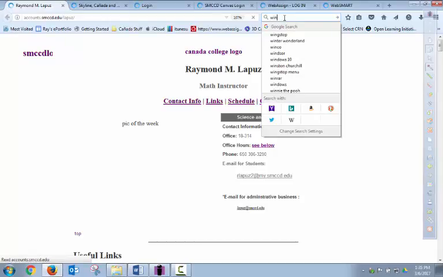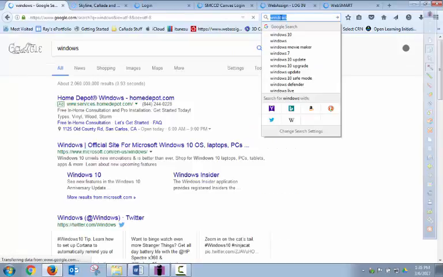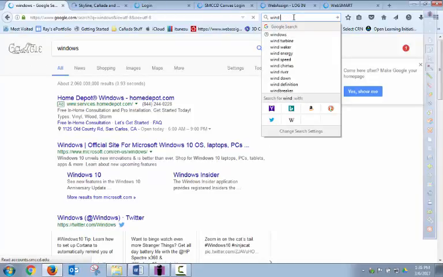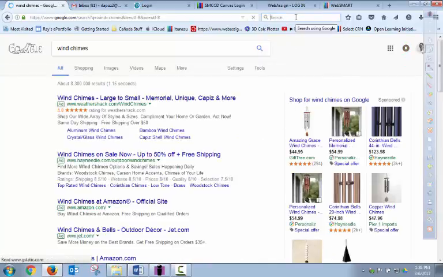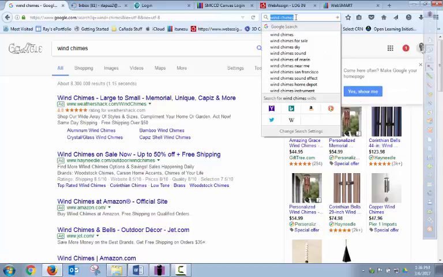If my D would work. Windows. Wind. Chill. My C doesn't work. I'm going to get a new computer sometime.